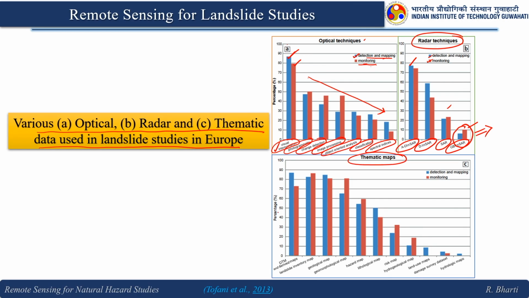Here you can see the percentage is in the y axis and in the x axis you have DTM and derived maps, landslide inventory map, geological maps, geomorphological map, hazard map, lithological map, risk map, hydrogeological map, land use map, damage survey data set and hydrologic maps.